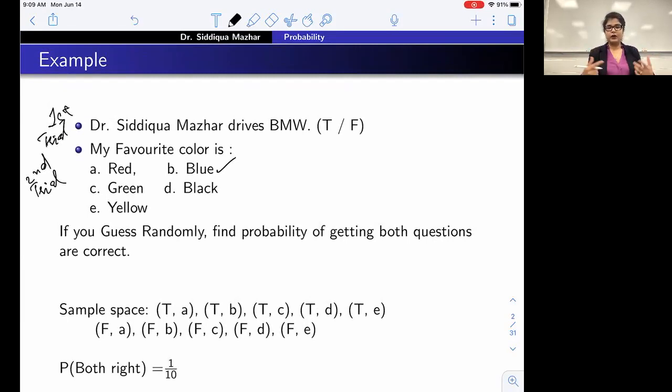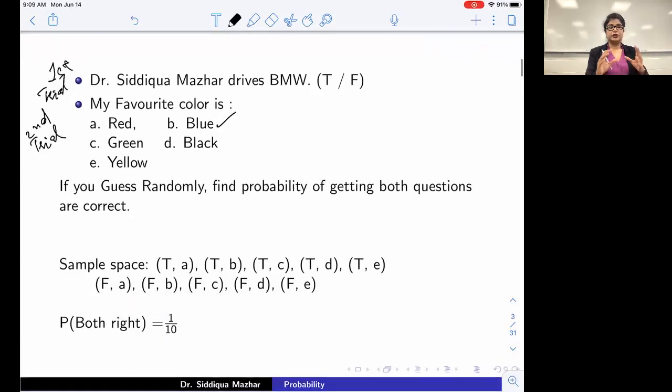So how can you choose it? We need sample spaces, like how many options I can have at the same time in the first experiment and in the second experiment. How many choices can I have in these two experiments? Whether I'm driving a BMW, it could be true or it could be false. So how many options can you have when you combine those two experiments together?